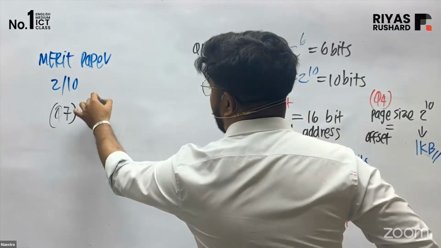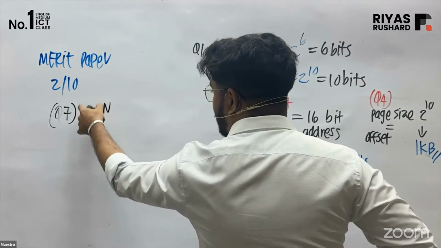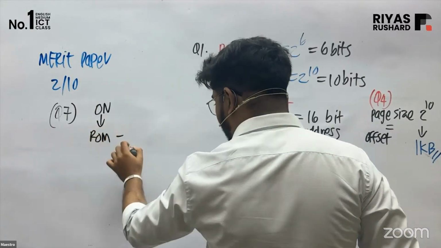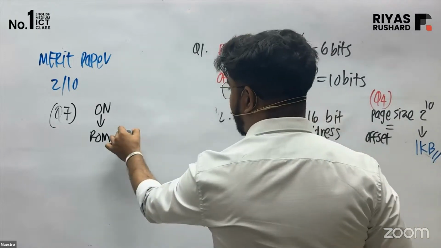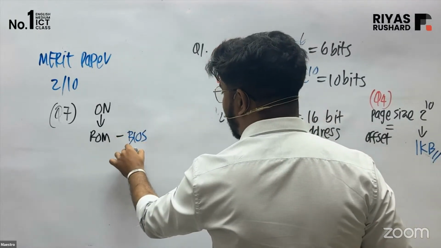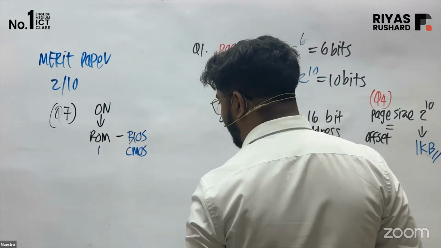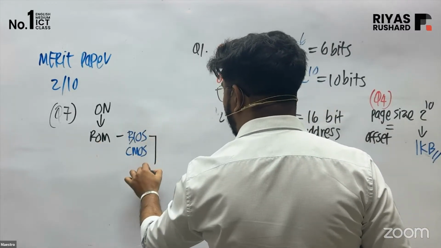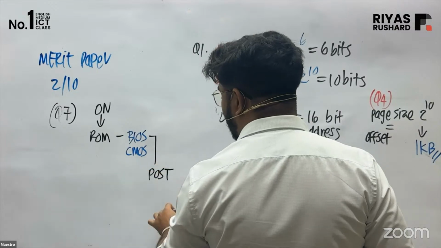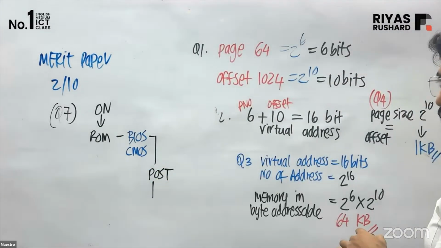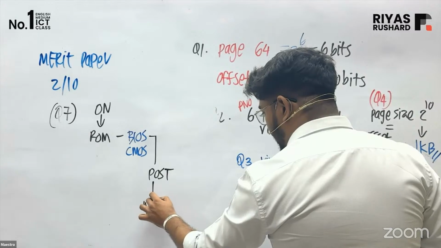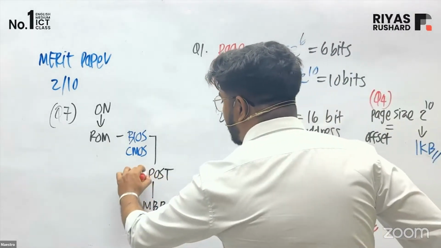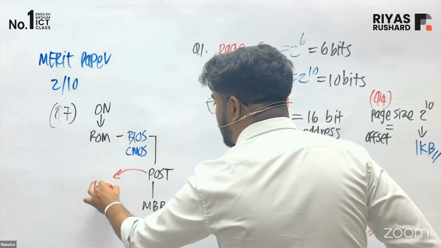Number one, we have to turn on the computer. Once you turn on the computer, the ROM gets the power. ROM has a specialized software called BIOS, and CMOS does the thing. BIOS executes a program called POST check. Once the POST check is approved, it will go to MBR. POST check is used to check for the components.